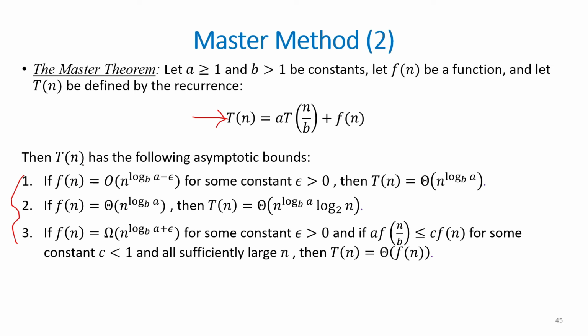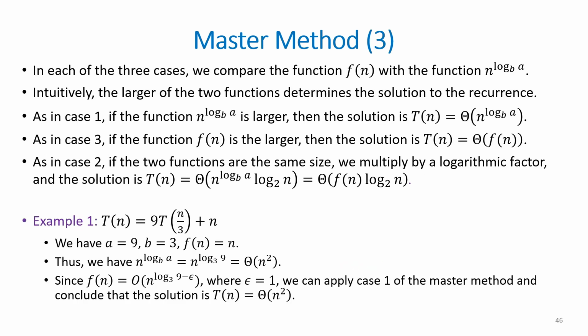We see that in all three conditions, the function f(n) is compared with n to the power log base b of a. So the larger of these two functions would actually determine the solution to that recurrence equation. So as in case 1, if the function n^(log base b of a) is larger than f(n), then the solution is guaranteed to be theta of n^(log base b of a).